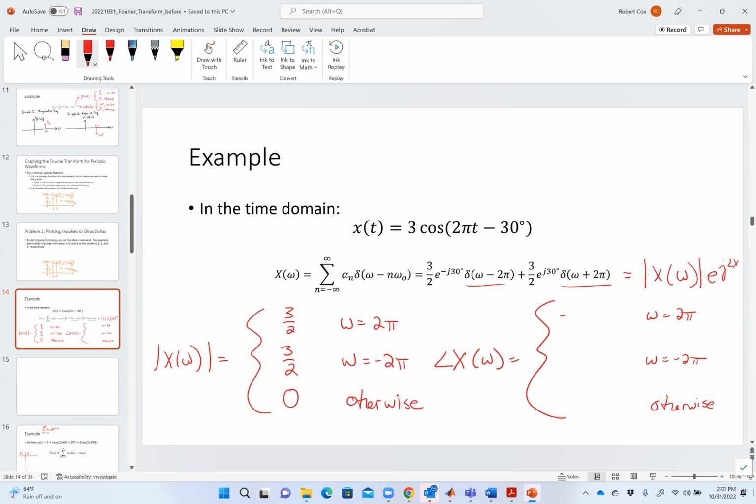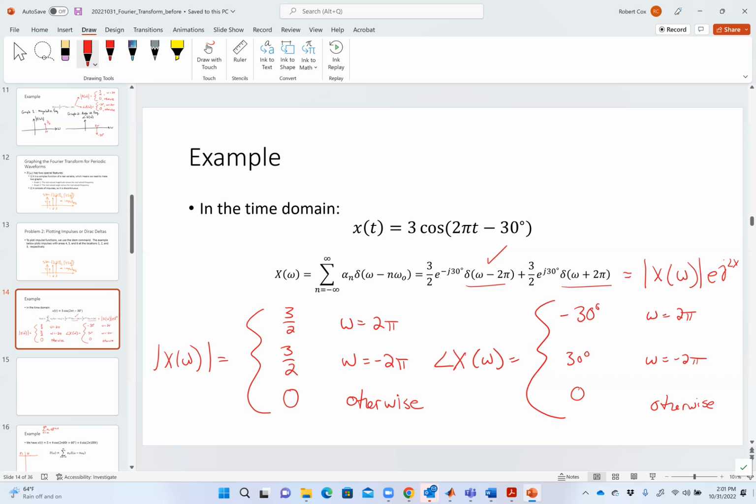Negative 30. Which of the 2 impulses did it come from? This one, because the shift to the right happens with the negative sign. So this guy would be 30 degrees, and it's 0 otherwise.